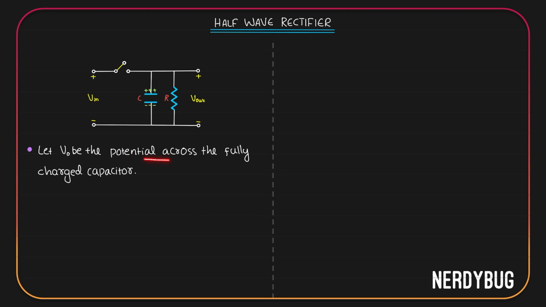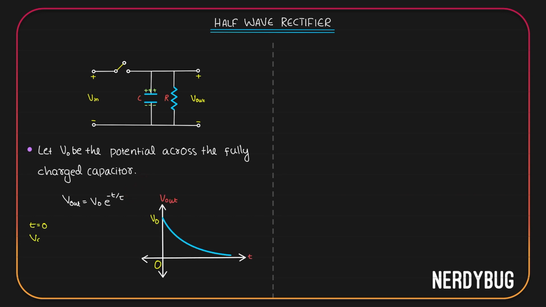Now, if V0 is the potential across the fully charged capacitor, we have learned that the potential across the capacitor as a function of time can be written as V0 e raised to minus t by tau, tau being the time constant RC. We learned this in the previous video. Output voltage is taken across the capacitor, so we can write V output is equal to V0 e raised to minus t by tau. If we plot this on a graph, this is how it will look like.